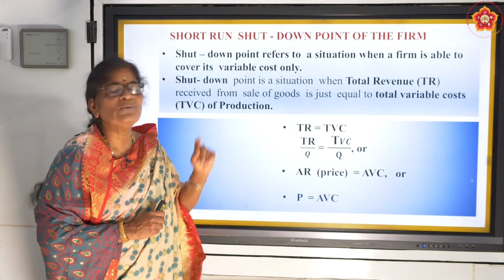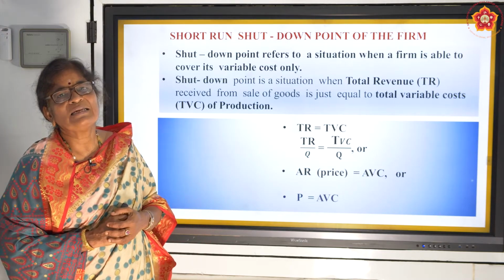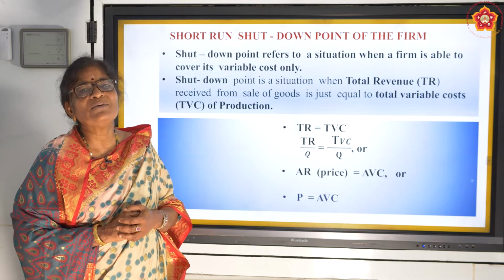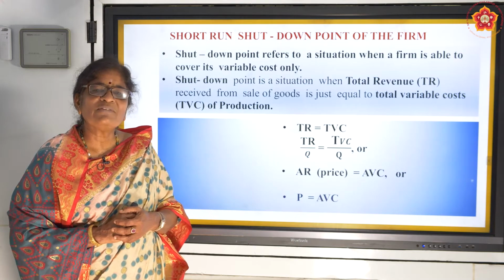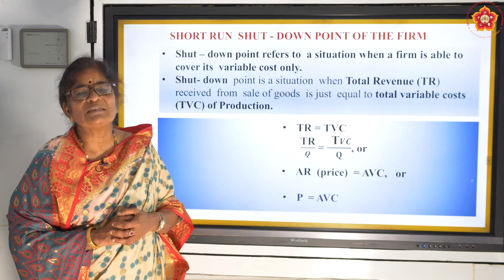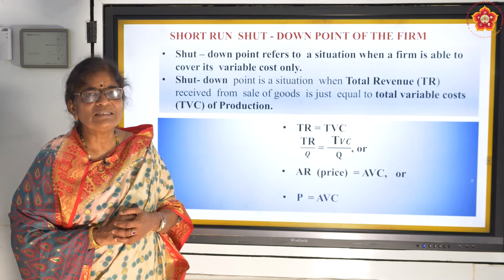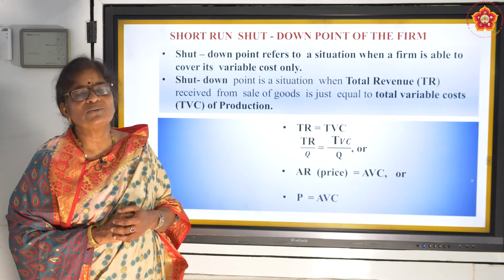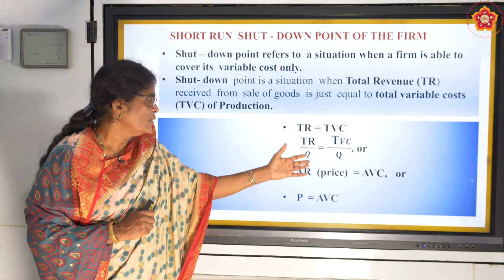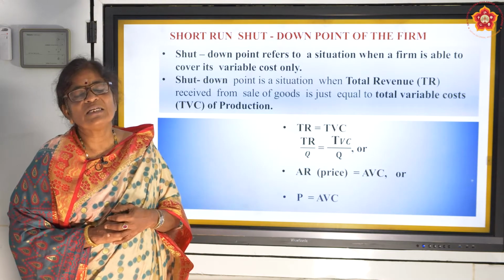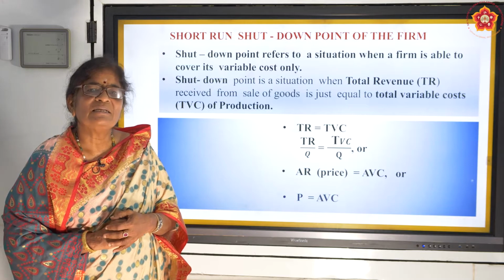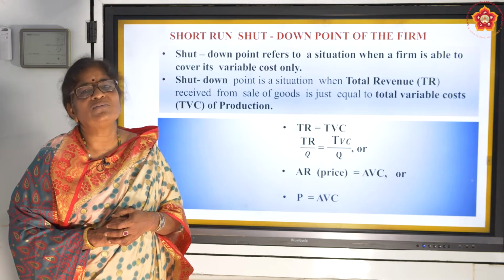Therefore, what is TR by Q? In the last sessions, I have explained that total revenue per unit of output is nothing but average revenue, the revenue per unit of output. What is average variable cost? Average variable cost is the variable cost per unit of output.